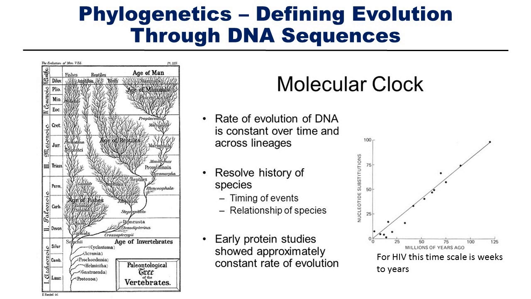If you look on the left-hand side of the screen, you see an old-fashioned paleological tree of vertebrates. Just to give you a perspective about the evolution of human beings, if we compare the sequence homology, the amount of identical DNA present in a human compared to a mouse, for example, it's 97.5% identical.